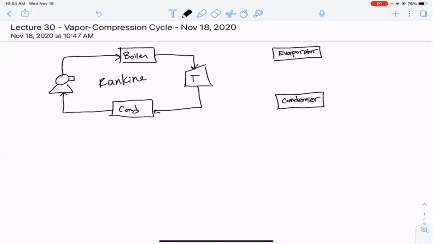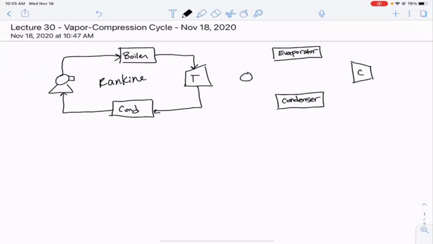In the power cycle, we had a turbine where we were getting work out. In the vapor compression cycle, we now have to do work, and that's going to be in the compressor. So we're going to have a stage where we have a compressor. In the power cycle, we increase the pressure using a pump. Well, in this case, we're going to try to do the opposite.